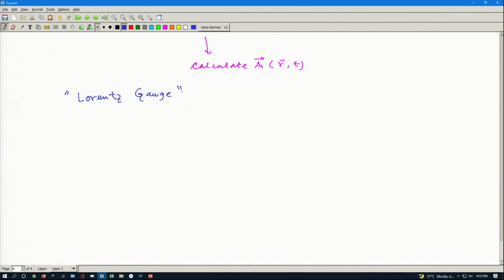In the Lorentz gauge, instead of taking divergence of A equal to 0, we take divergence of A equal to minus 1 by c square del phi del t. We just take it.